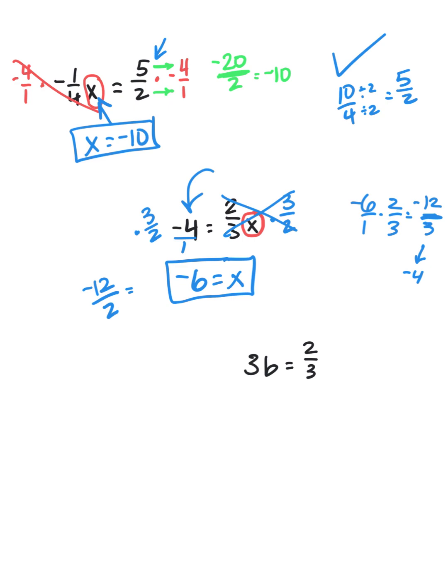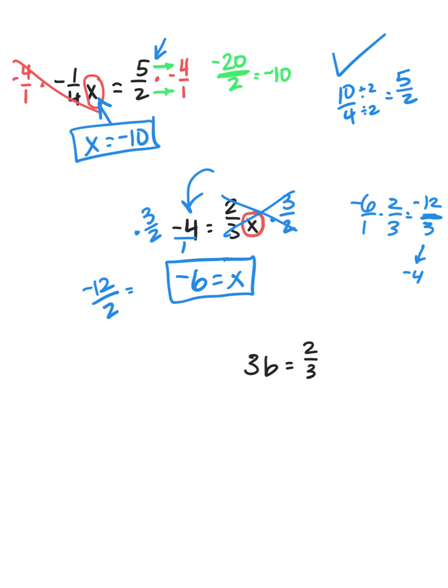I'm used to having my variable on the right, so I was checking my answer, and I saw 2/3. I was like, wait, what? But no, we had the variable on the right. And it doesn't matter if your variable is on the right or the left. Traditionally, I just prefer my variable on the left, but it really doesn't matter because it's an equal sign. It's showing equality. One side is equal to the other, so it really doesn't matter which is on which side.